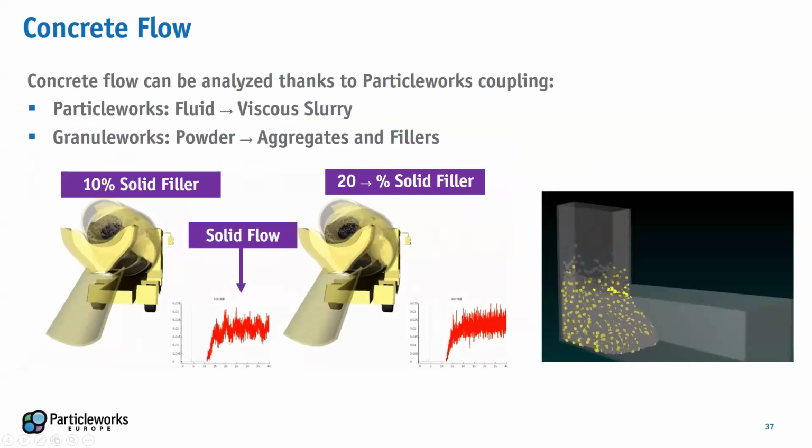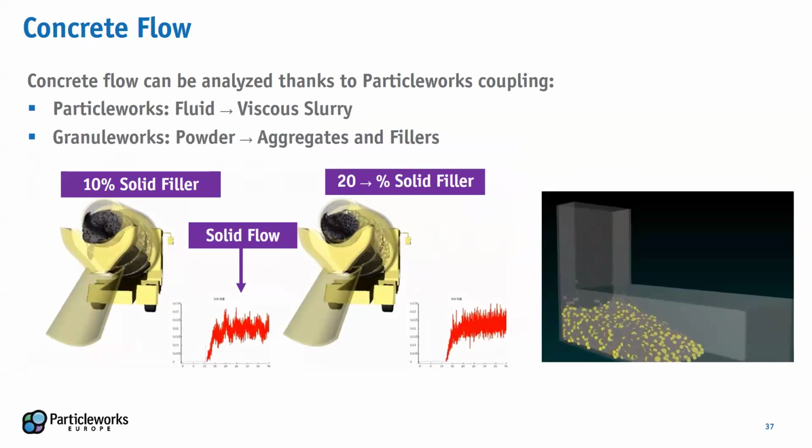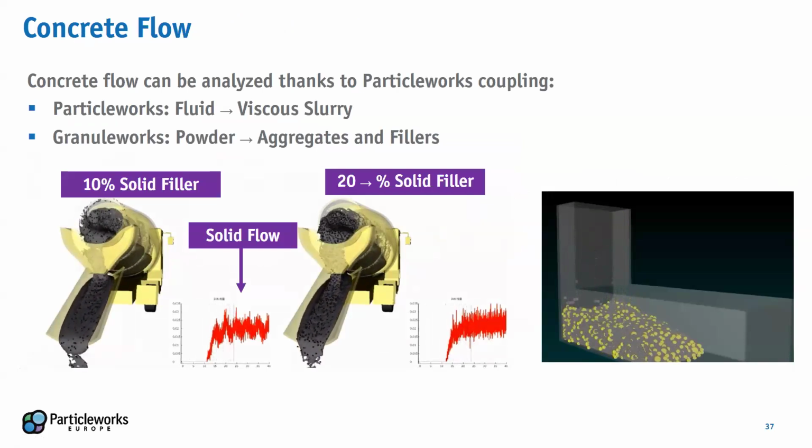And as mentioned, in terms of material, we have the possibility to analyze concrete. Concrete usually is a mixture between a more fluid phase, that is a viscous slurry, and then some powder aggregates, some fillers or bigger rocks.